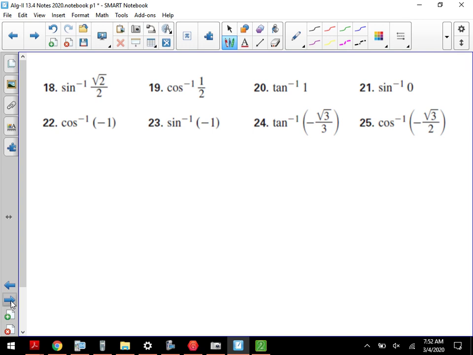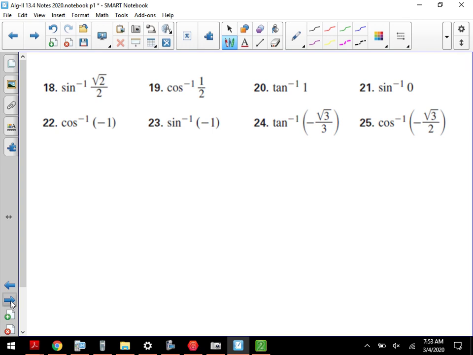And then tangent inverse, non-inclusive, pi over 2 and negative pi over 2. And remember, what I mean by non-inclusive is that it's undefined at pi over 2 and negative pi over 2. So as you go through these, you have to figure out which setup you're going through.